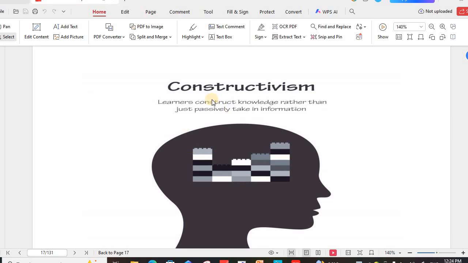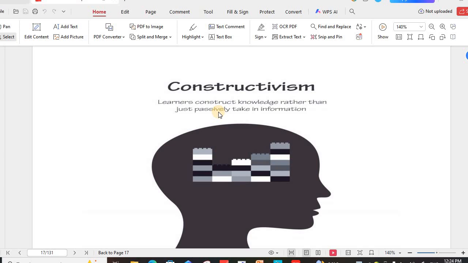Yes, this is today's constructivism. It's one of the learning theories that we should have an idea about. It's when learners actively construct their understanding and knowledge of the world by experiencing things and reflecting on these experiences, rather than just sitting passively, absorbing information.